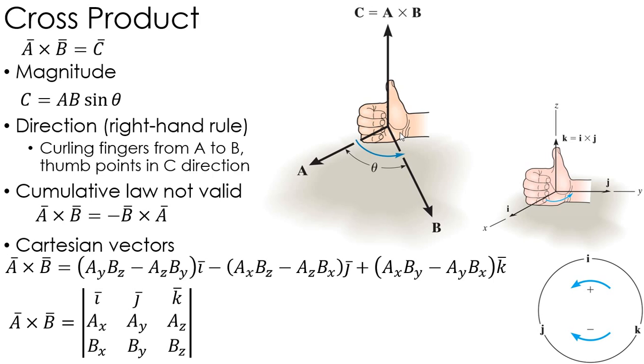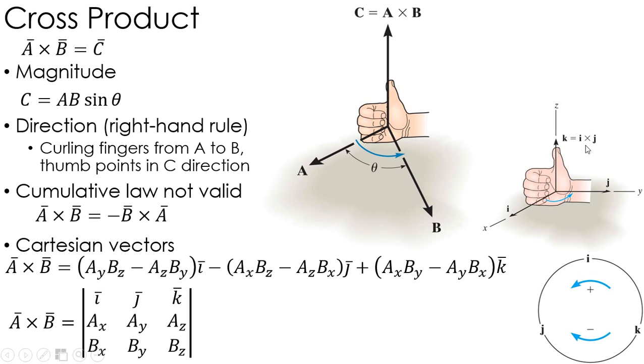Okay, so we do this for Cartesian vectors. I've got a couple of pictures over here. Here are your unit vectors, i, j, k. Remember how I talked about how your x, y, and z axes always have to be in this orientation? That's because of this relationship right here.